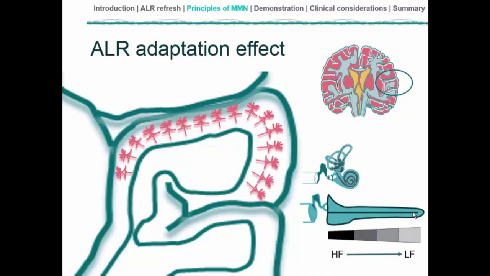Now this tonotopicity is of course preserved throughout all the other regions of the central auditory system, so that when we get up to the auditory cortex, which is of relevance to the ALR, the neurons are also tonotopically organized to mirror this effect that first occurs down in the periphery, down at the basilar membrane.